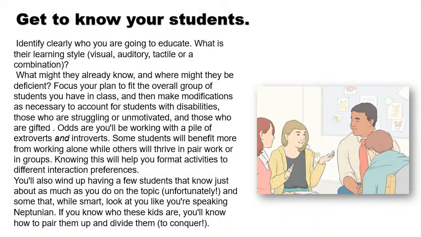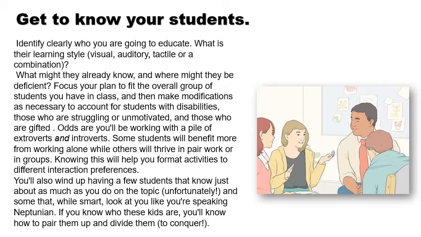Number 4. Get to know your students. Identify clearly who you are going to educate. What's their learning style? Visual, auditory, tactile, or a combination? What might they already know and where might they be?